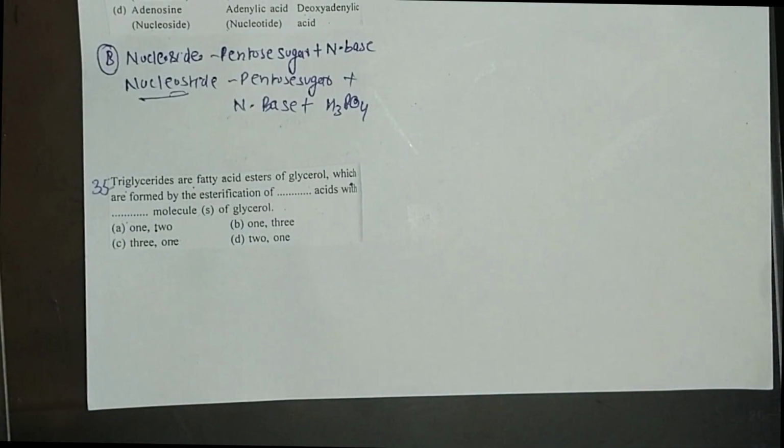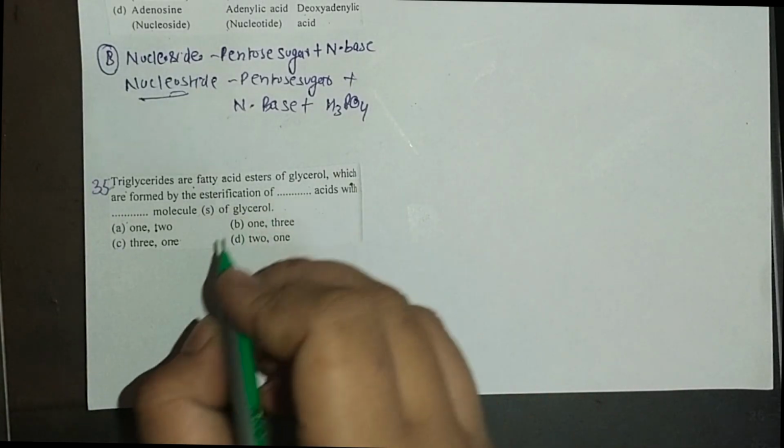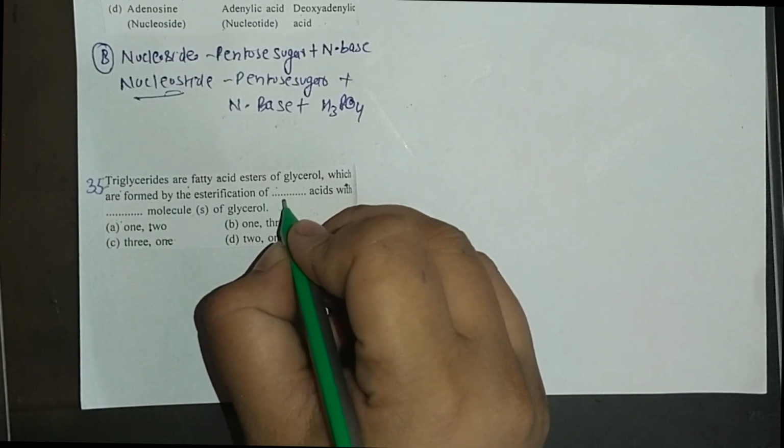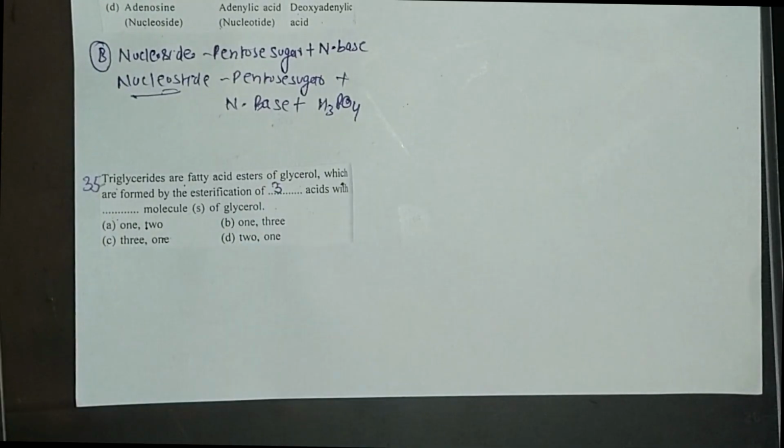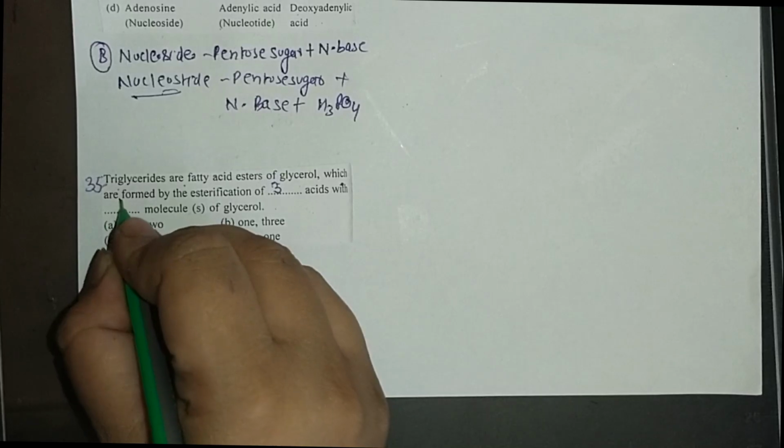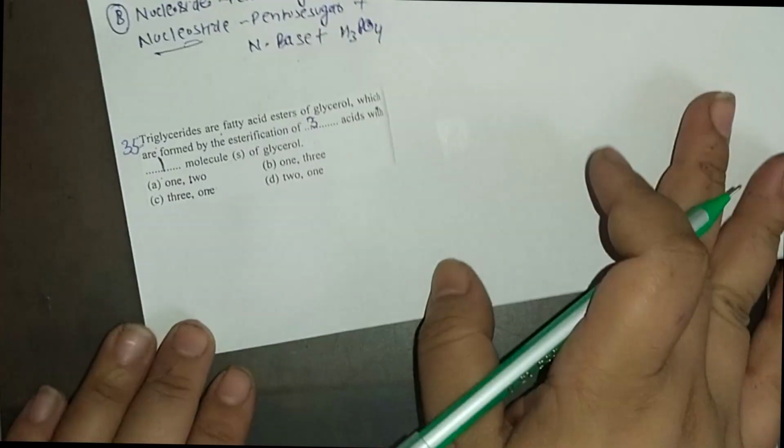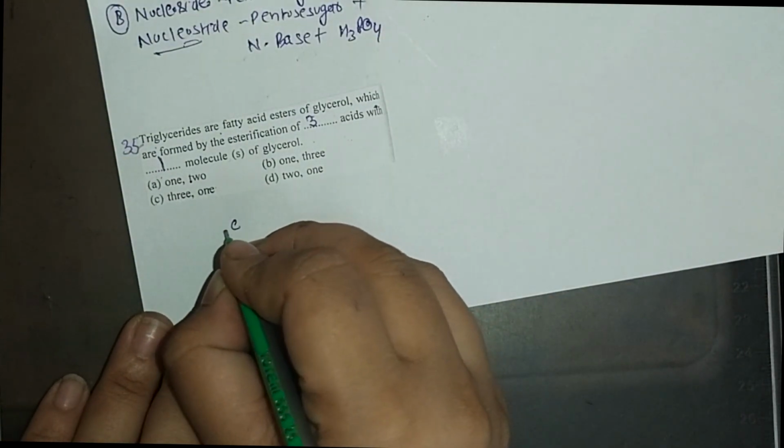Triglycerides are the fatty acid esters of glycerol, which are formed by esterification of 3 fatty acids with 1 molecule of glycerol. See the structure here.